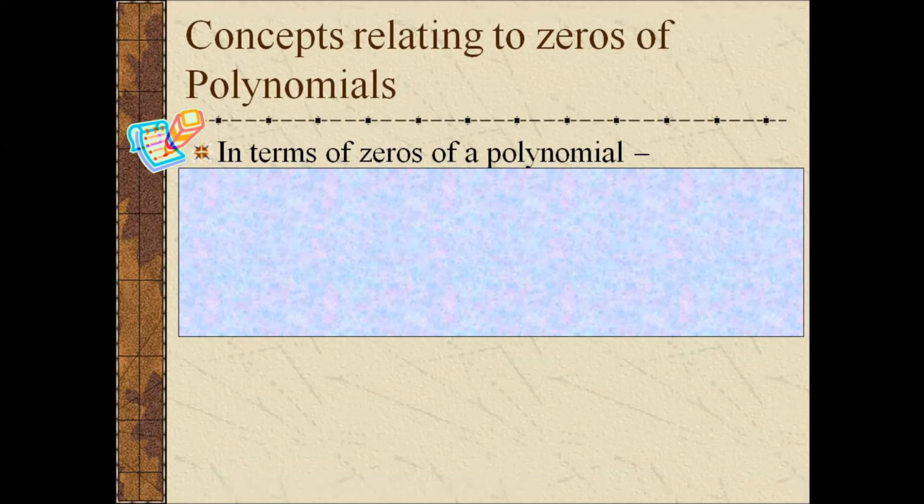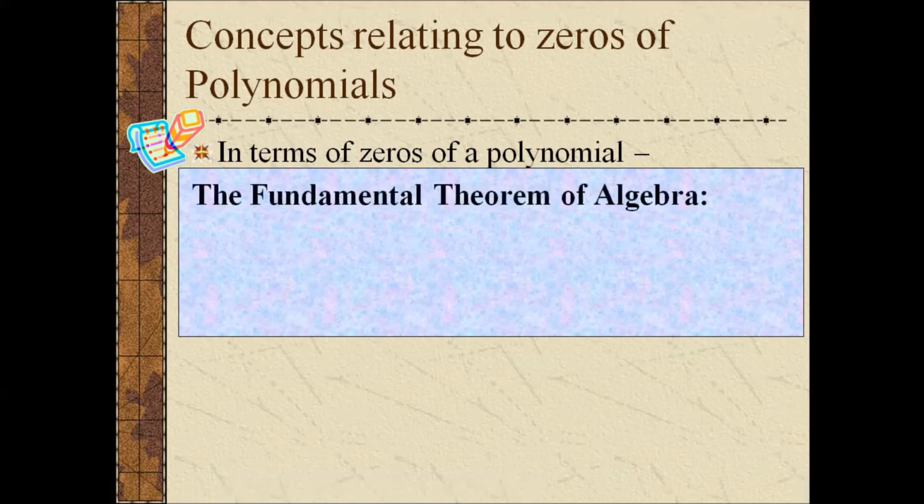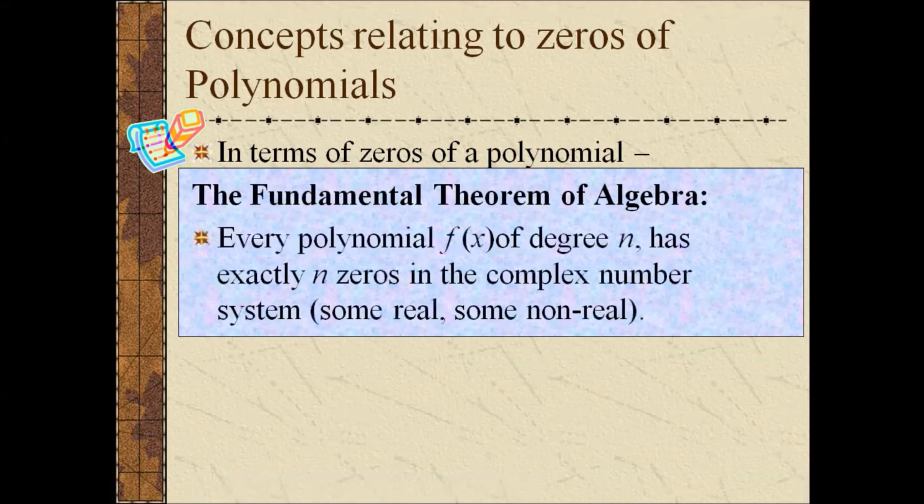There are other ways to describe this theorem, but in terms of zeros of a polynomial, the fundamental theorem of algebra says this: every polynomial f of x of degree n has exactly n zeros in the complex number system. Exactly n zeros. So the degree of the polynomial is how many zeros you should be looking for. Remember, the degree is the highest power of x that we see in that polynomial.